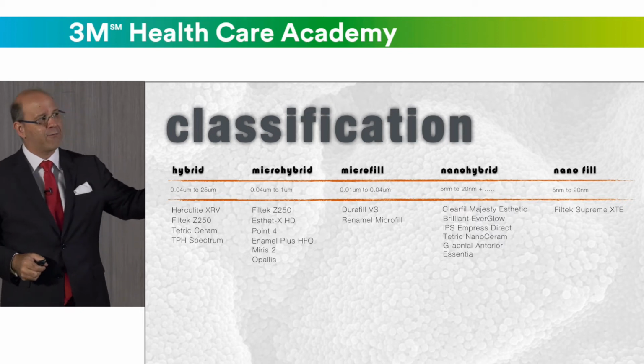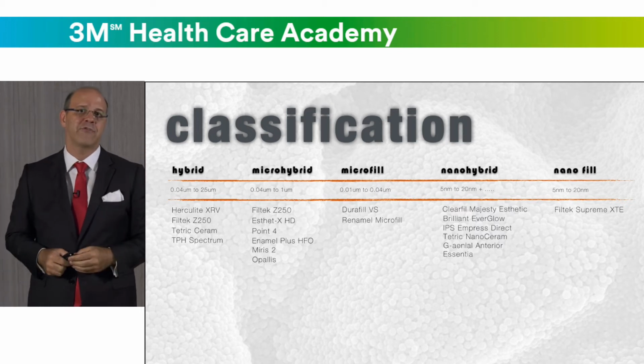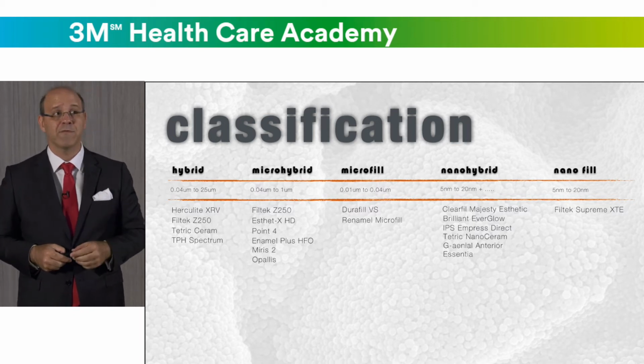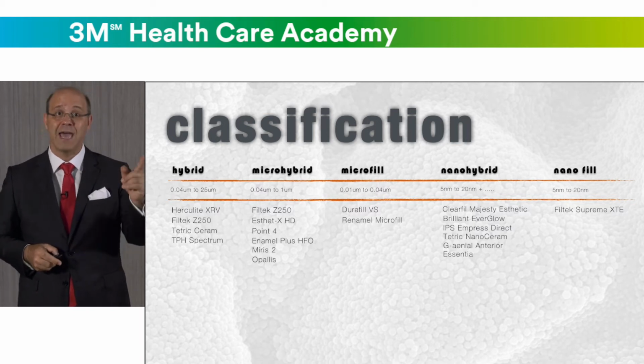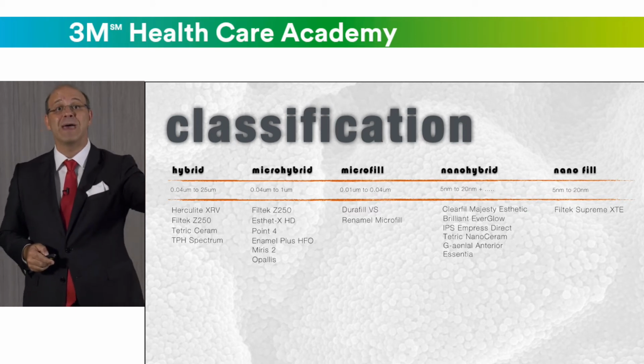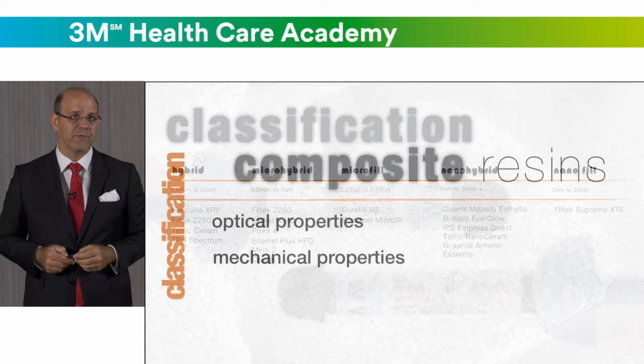So from the hybrid to the nanofill composite resins, for my patients maybe I should choose a microfill, nanohybrid, or a nanofill composite resin. In this way, I can have a better polishing at the end of the restoration.